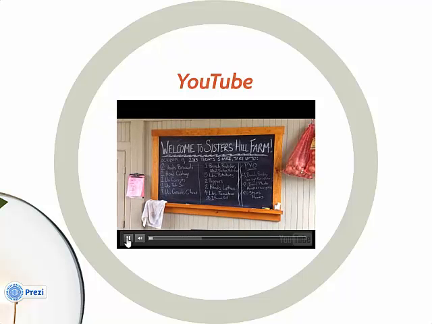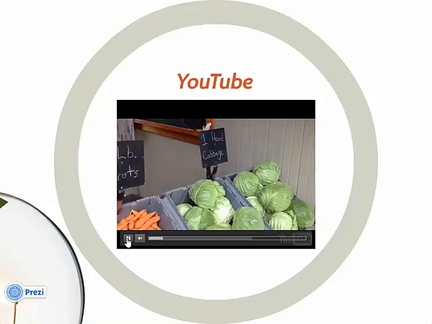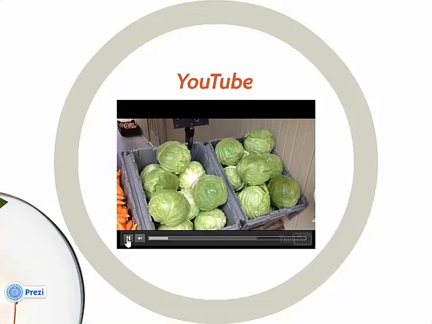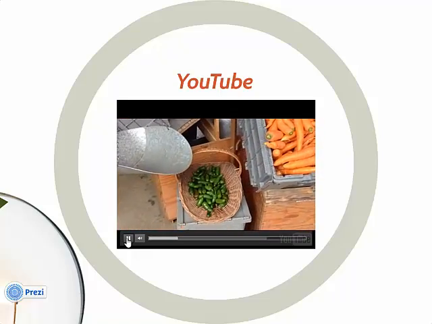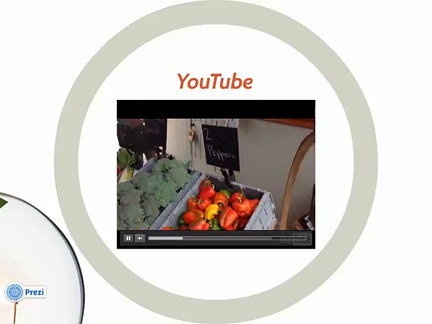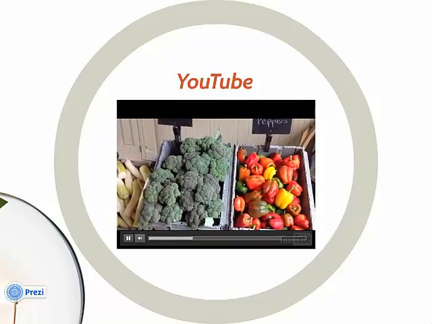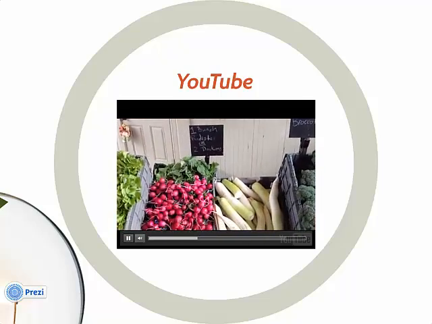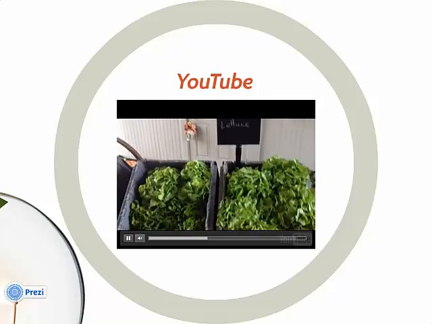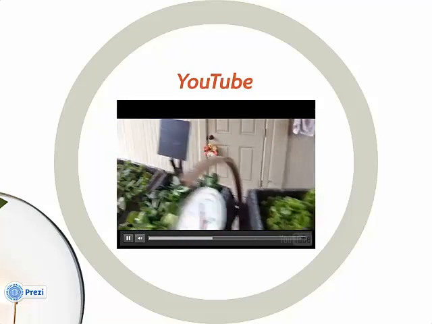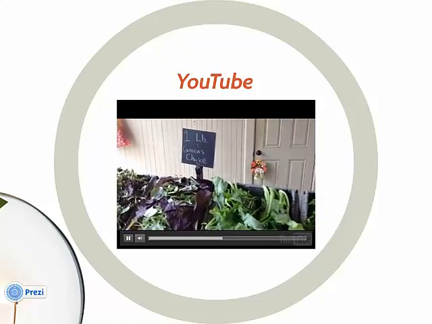Sisters Hill Farm, October 15th. Here's what we have for today. 1 head of cabbage. Gorgeous, beautiful cabbage today. 1 pound of carrots. We have some jalapeno peppers for those that like them. 2 peppers. 2 beautiful broccoli. A choice of a bunch of radishes or 2 daikon radishes. 2 heads of lettuce. 1 pound of tatsoi. 1 pound greens of your choice.